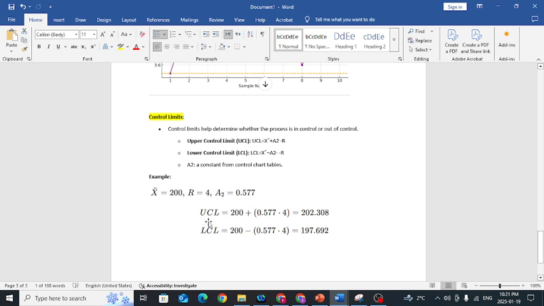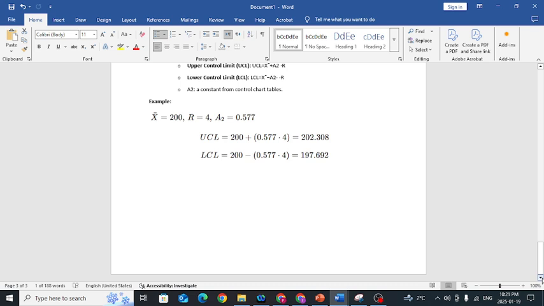So the UCL, the upper control limit, is 200 plus 0.577 multiplied by 4, which equals 202.38, and the lower control limit is 200 minus 0.577 multiplied by 4, which equals 197.692.